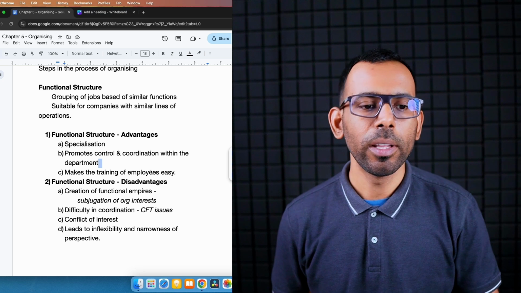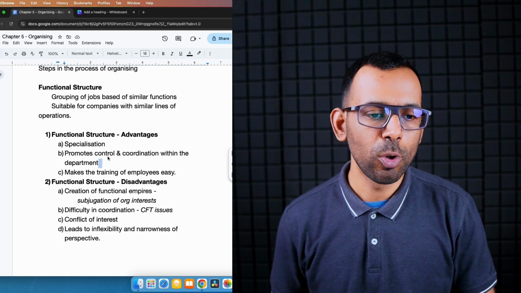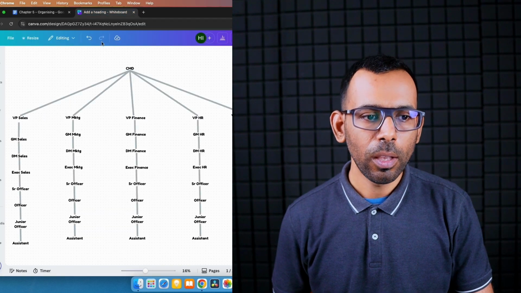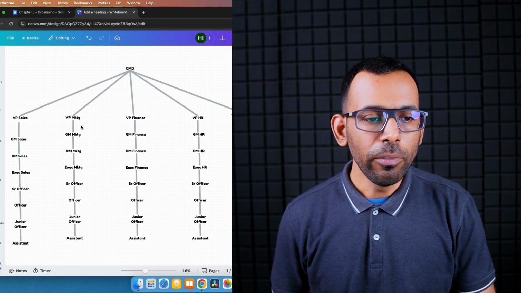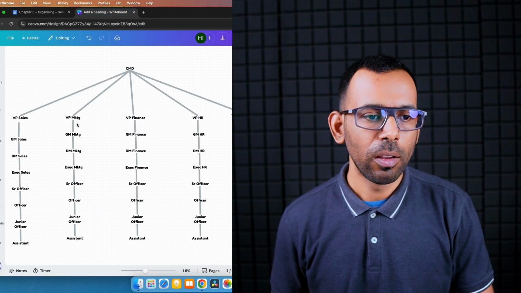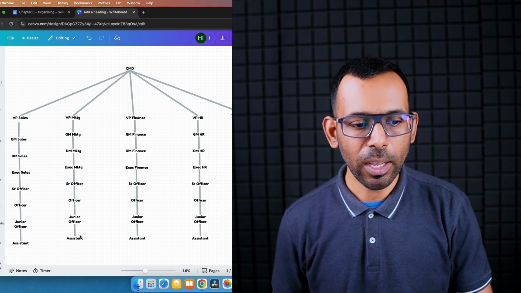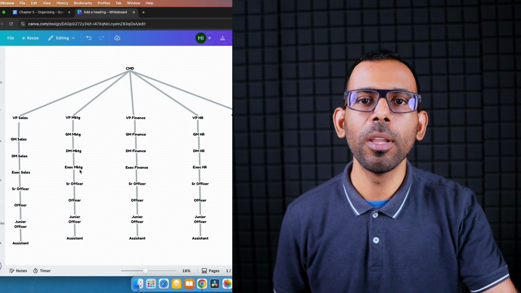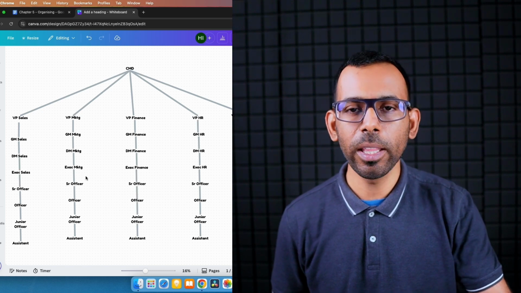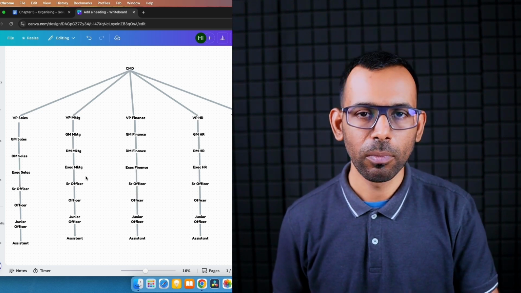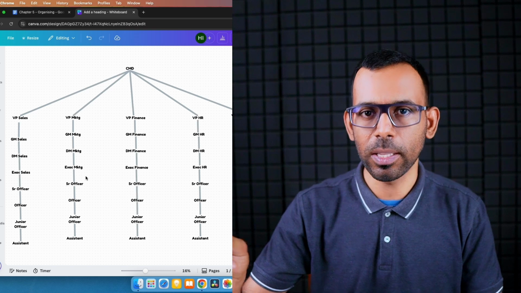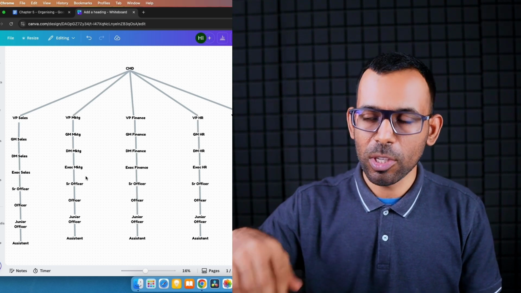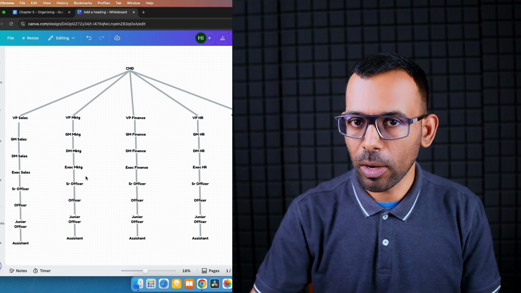The second point is functional structure promotes control and coordination within the department. Again, every person in this hierarchy, let's say from VP marketing till the assistant, would be almost similarly qualified. Most likely they would be MBA marketing. So they must have studied pretty much the same thing. They must have grown around the same circle of people. They must have gone to similar types of colleges.